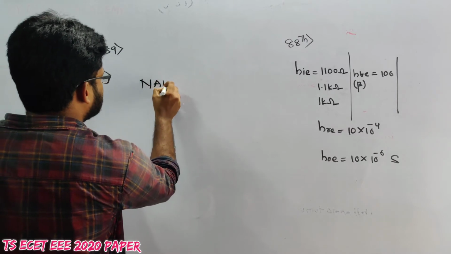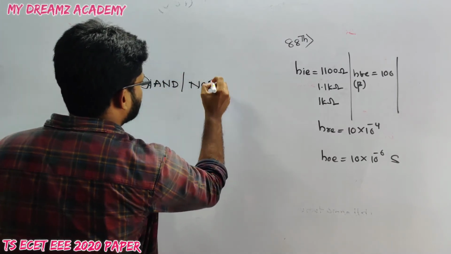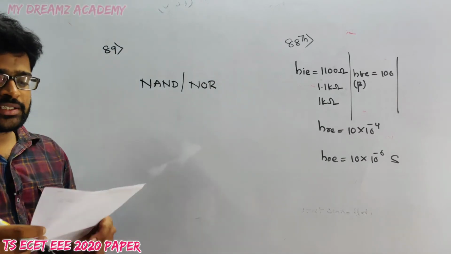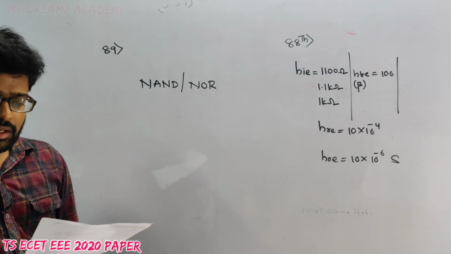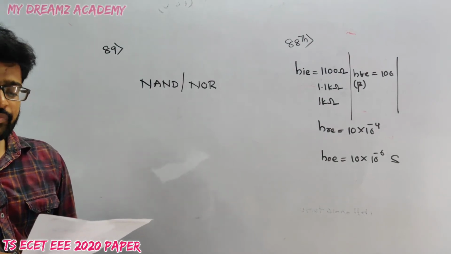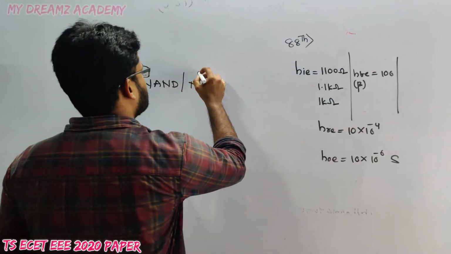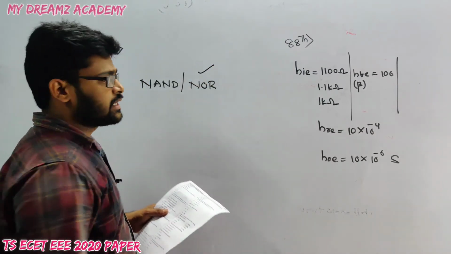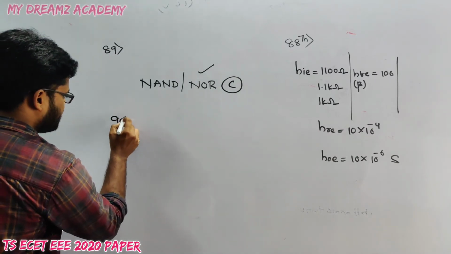NAND gate or NOR gate. So I'll read the options: AND gate option A, OR gate option B, NOR gate option C, NOT gate option D. So which option is correct? NOR gate is correct, that is option C.